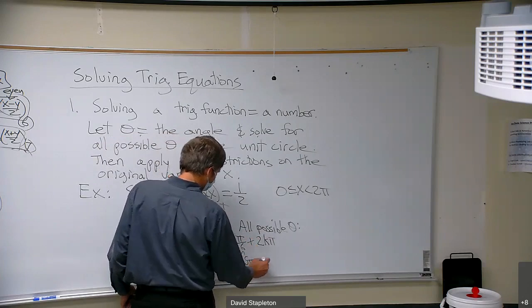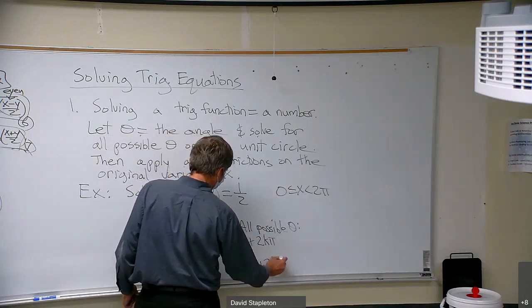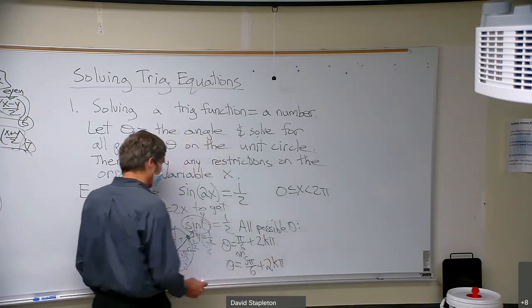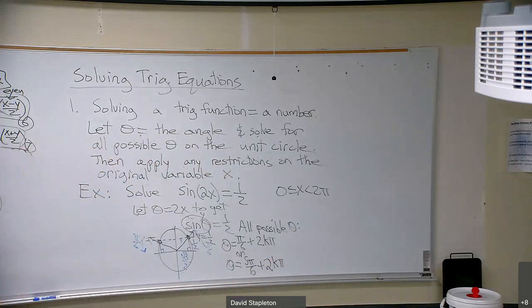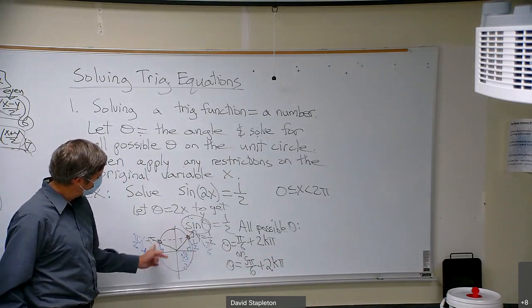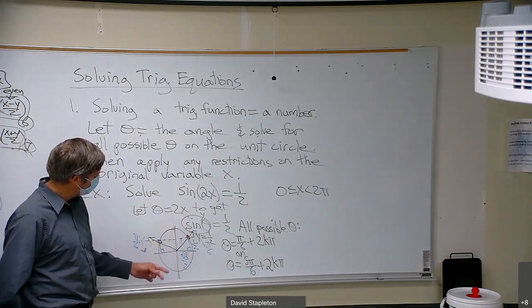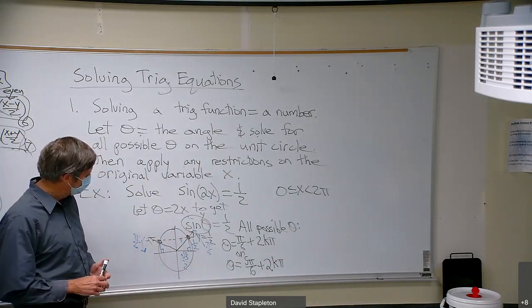And 5 pi over 6, you can add any plus or minus any whole rotations and put 2k pi. Any integer number of rotations. These are all solutions theta. This angle, pi over 6 plus k rotations. This angle, 5 pi over 6 plus any k rotations, where k is an integer.